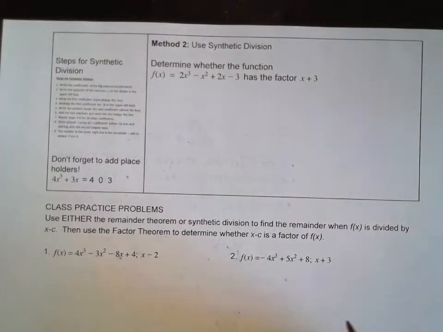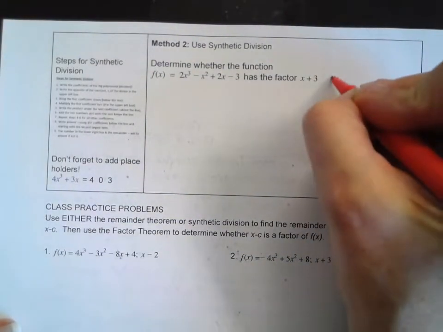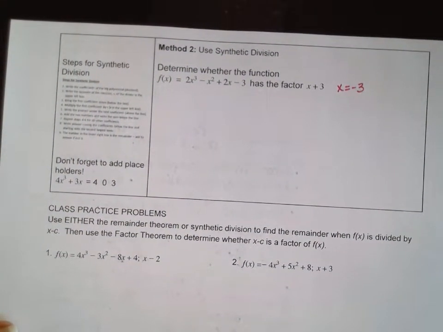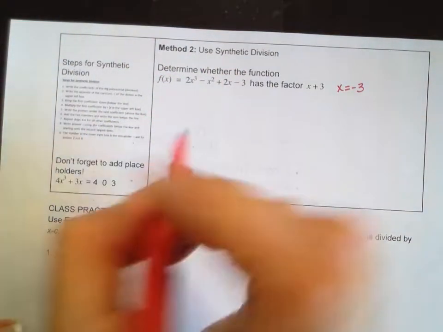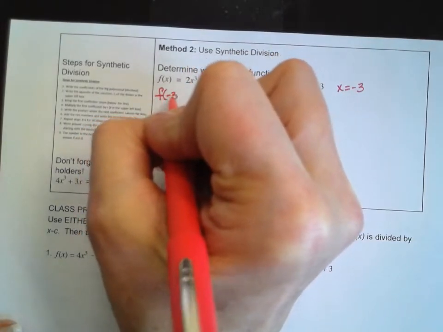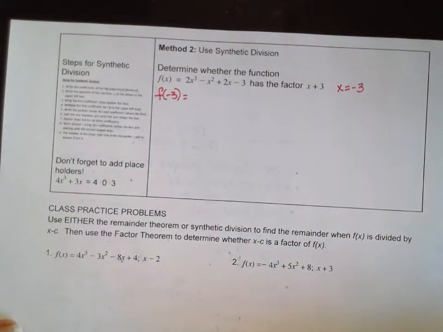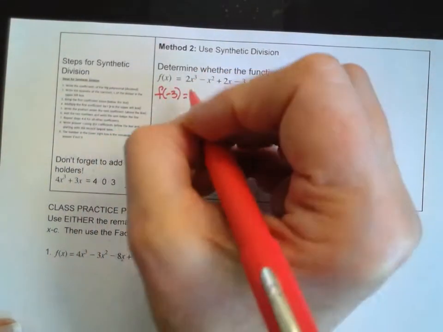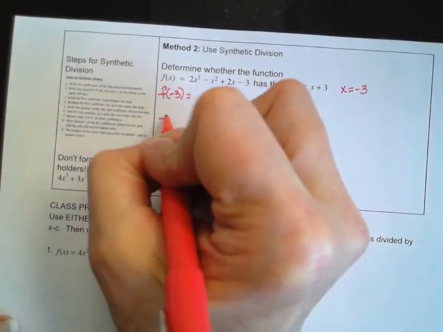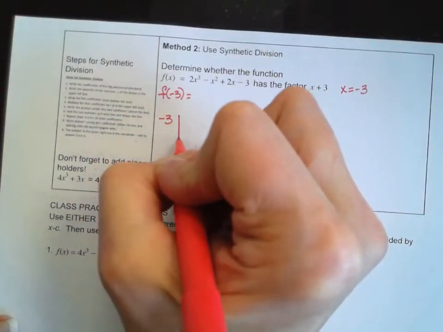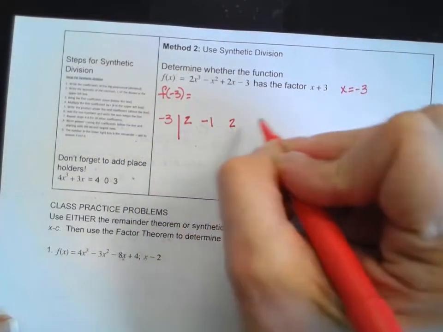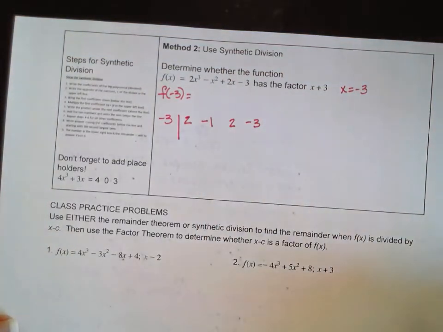So, for synthetic division, we're going to set x equal to -3, because if it's a root, then it's going to be -3. Agreed? All right. So we could do like what we just did and simplify it out, or we can use synthetic division and say, okay, I have all my coefficients, 2, -1, 2, -3.